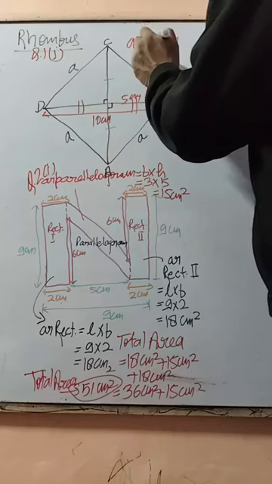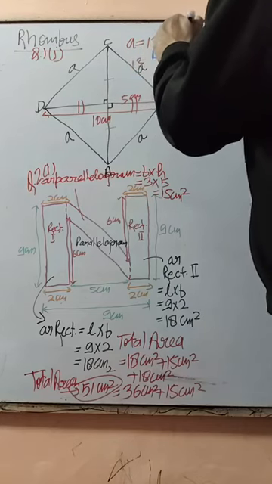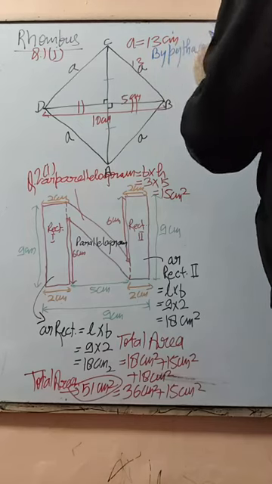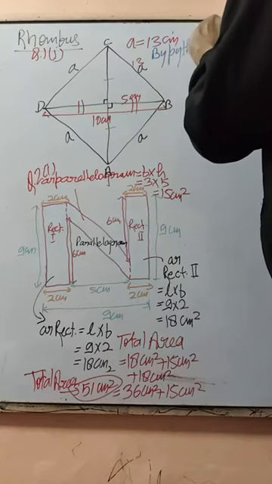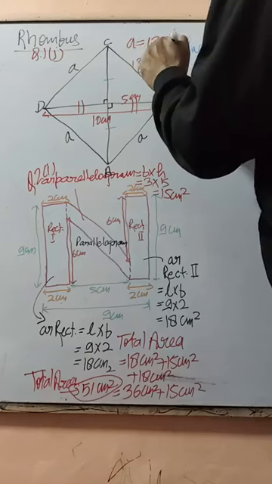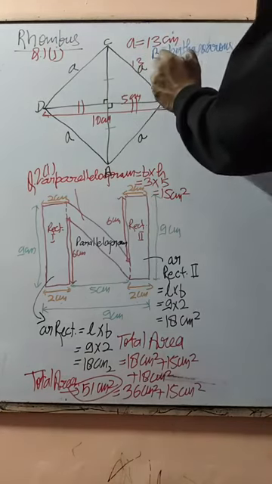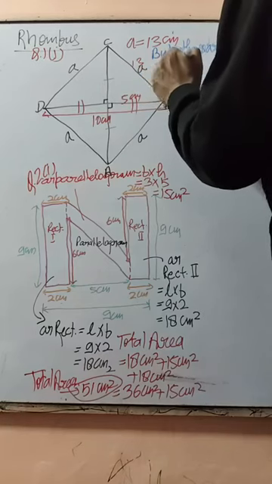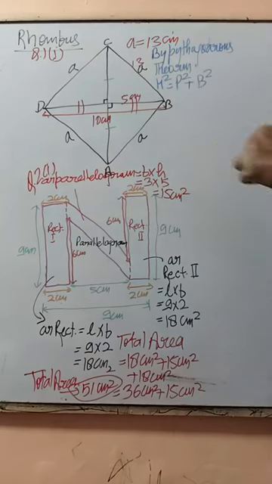By Pythagoras theorem, hypotenuse square is equal to perpendicular square plus base square.